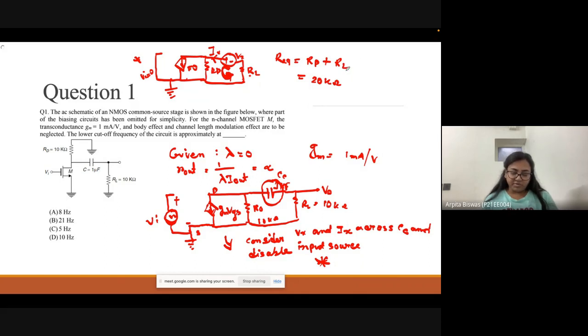So now we got the value of R equivalent. So how to find out the lower cutoff frequency?